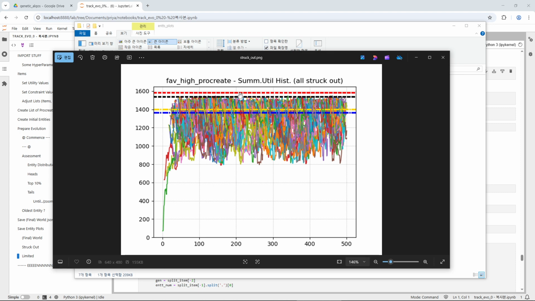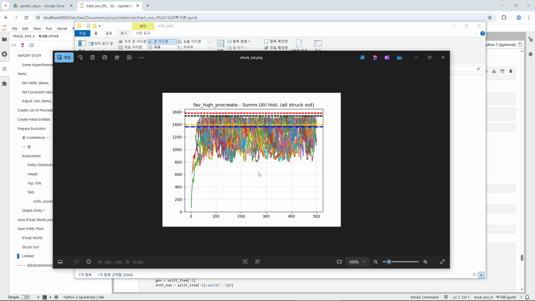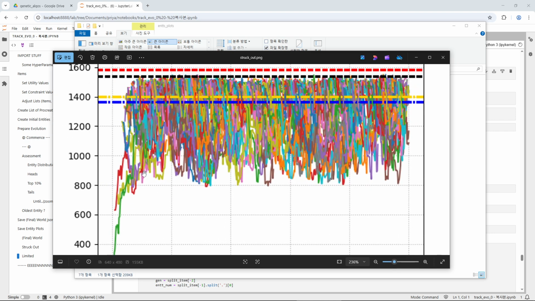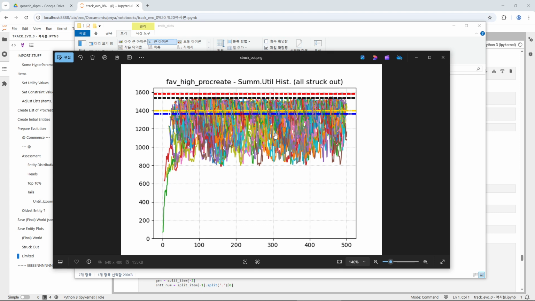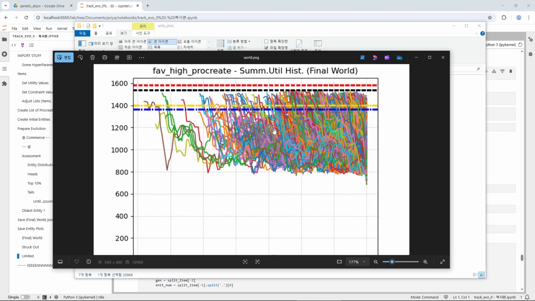See, these were the entities that were struck out, and compared to this, you do see some entities have some upward slopes until they got struck out. Yeah, and this is the world.